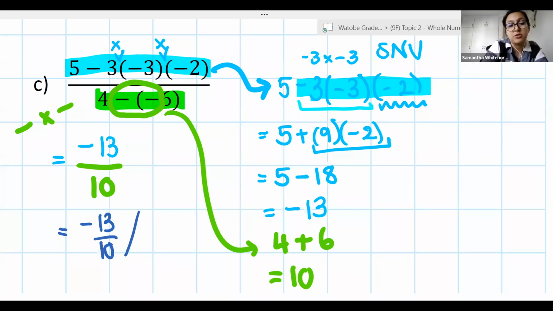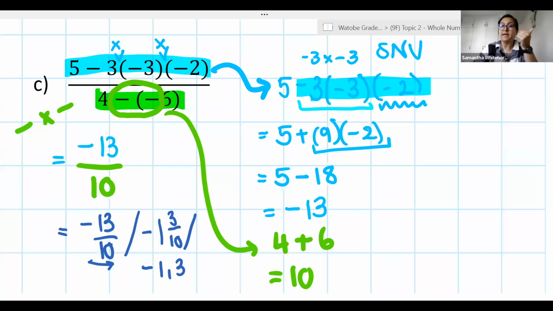Some of you might want to write it as a mixed number, and that would be -1 and 3/10. Some of you might even want to write it as a decimal, and that would be -1,3. It really doesn't matter how you write the answer. It's entirely up to you. Personally, I prefer improper fractions, but a mixed number and a decimal are both correct.